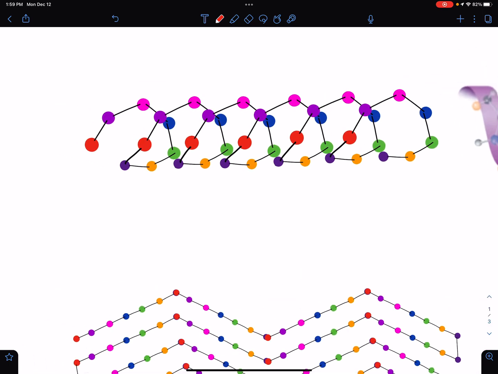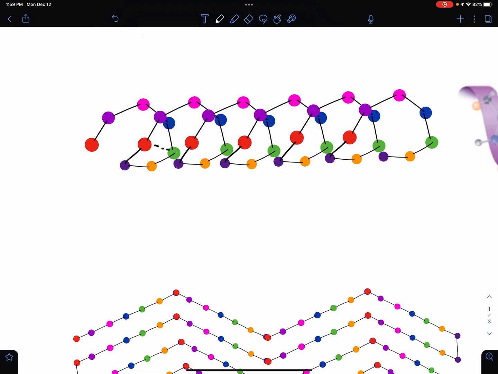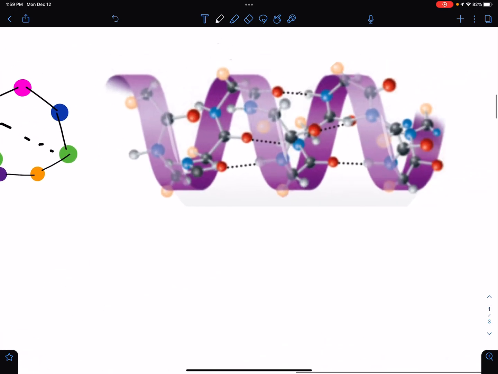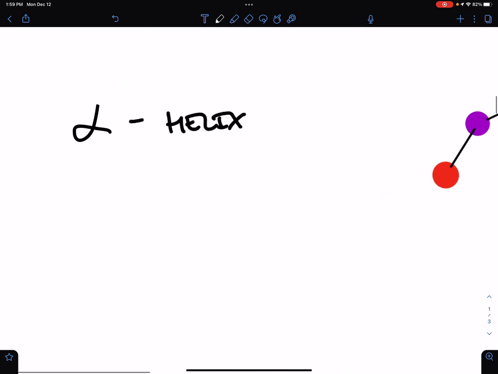So we will get, for example, a hydrogen bond between these two, and these two, and these two. You can see here what was part of the carboxyl group of one amino acid is binding to an amino group in another amino acid further down the loop. So alpha helices are held in place by hydrogen bonds.